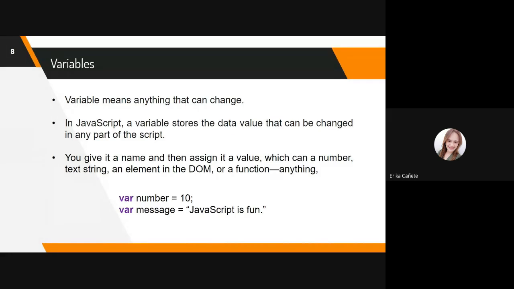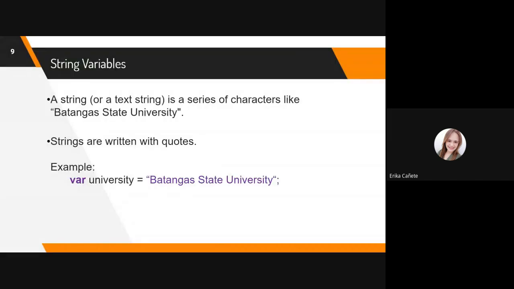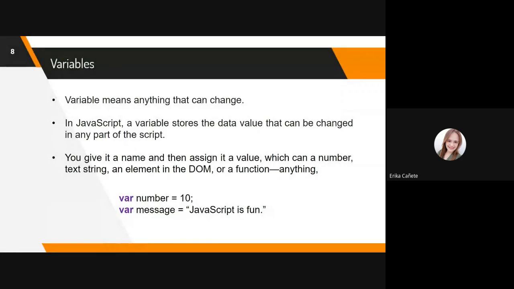There are some rules that we need to remember in naming variables. It must start with a letter or an underscore. Next, it may contain letters, digits, and underscores in any combination. It may not contain spaces.